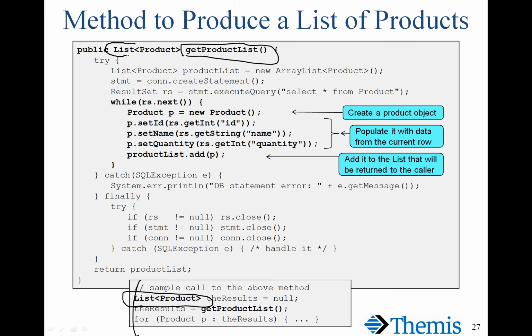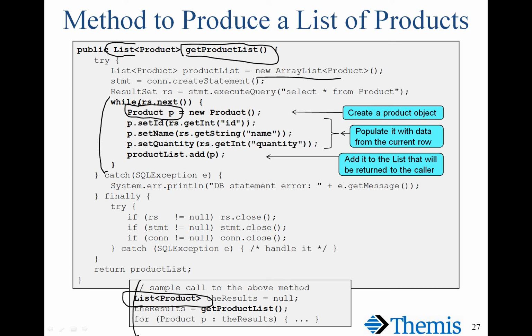List is a Java collection class that is like an array, if that's something that you can relate to from your programming background. So we are actually using an array list of product, and we also have a product object. This again is very much where object relational mapping comes in and simplifies things.